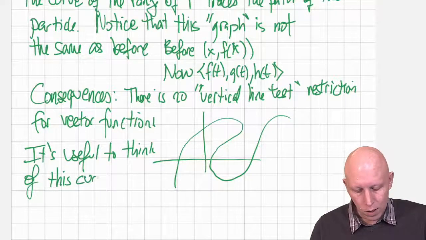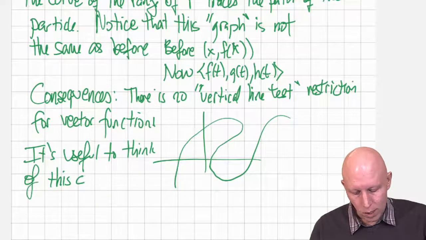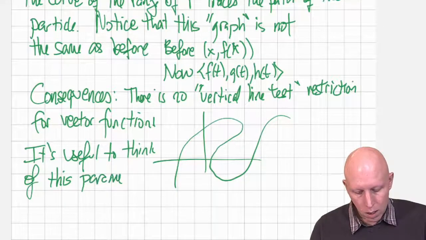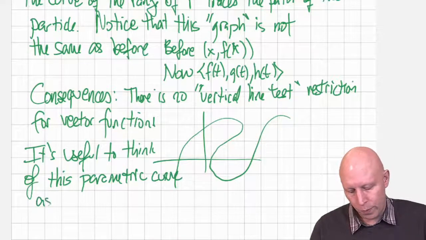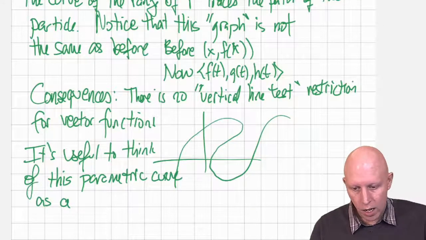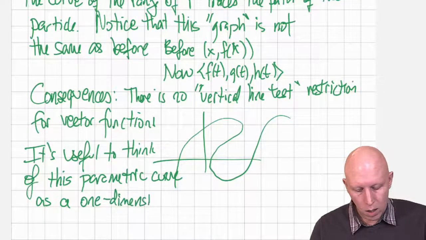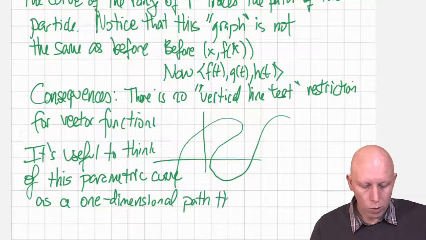It's useful to think of this parametric curve as a one-dimensional path through Rn.